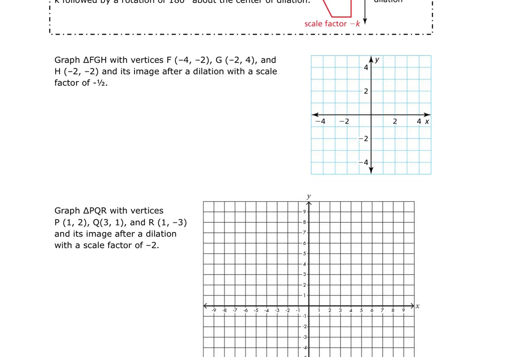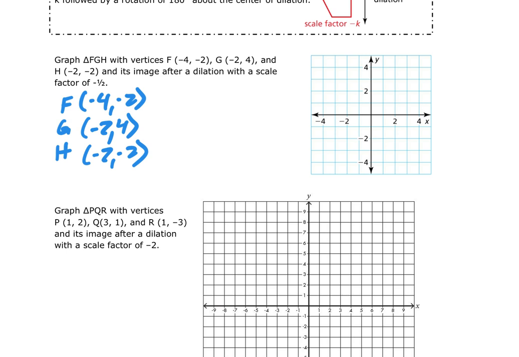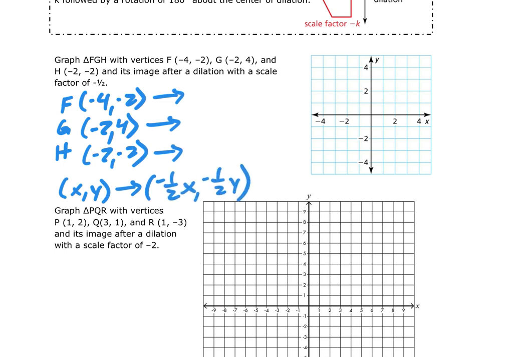So let's look at an example here. F, G, H. Okay, my rule here is we're going to take every number and we're going to multiply it by negative 1/2.